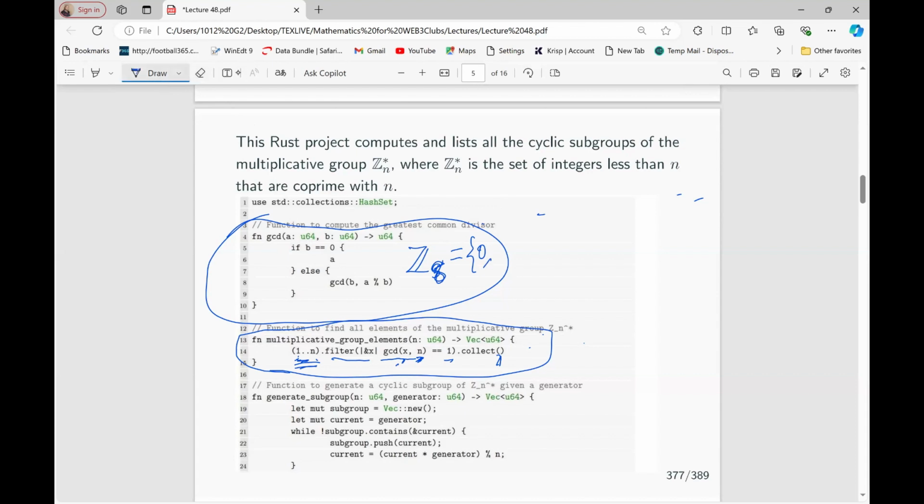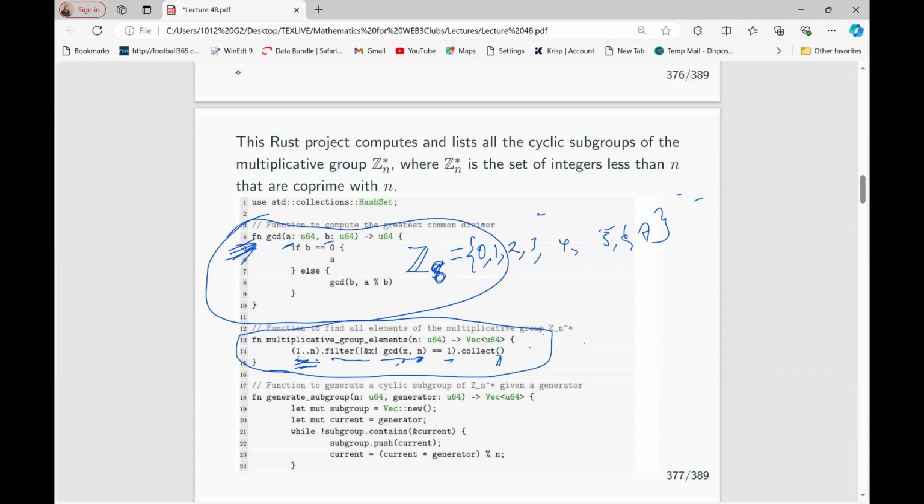The elements this one has are 0, 1, 2, 3, 4, 5, 6, then 7. Those are the elements this function has. So at this point, B will stand for n, and A will stand for these elements.